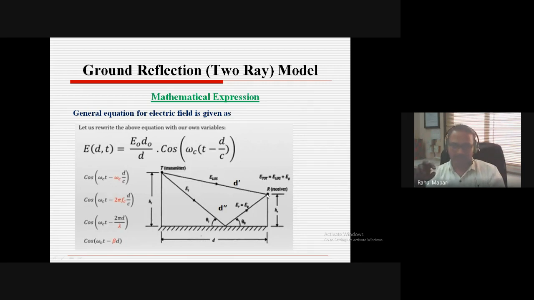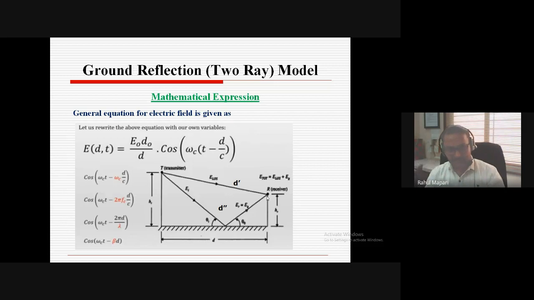Now, the time of arrival at the receiver end of both electric fields is different, because the line of sight comes directly to the receiver, but the reflected signal is incident on an object and then reflected towards the receiver. So the time requirement is different, not equal.